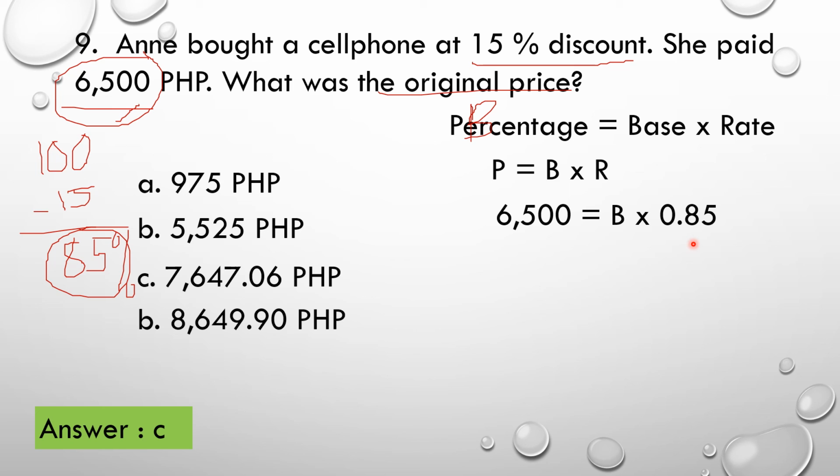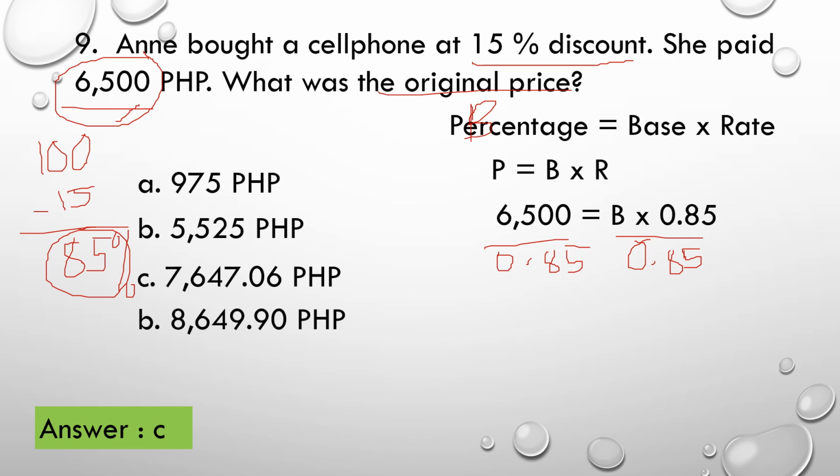You always need to change the percent to decimal in order to multiply. So now, in order for you to solve for B, you need to divide both sides by 0.85. Or, you can do it directly.